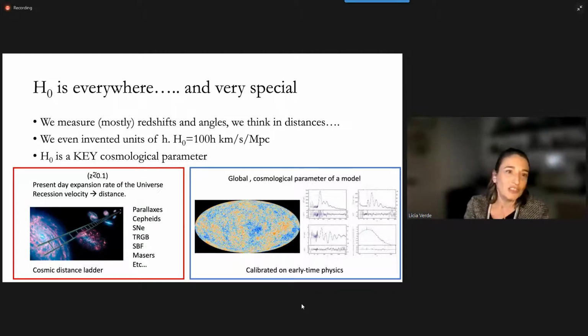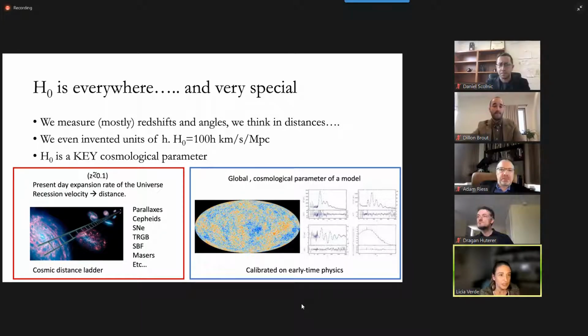So H0 is a key cosmological parameter also for the following reason. Let's think about it. It is the present day expansion rate of the universe. So it's a relation between a recession velocity and a distance.